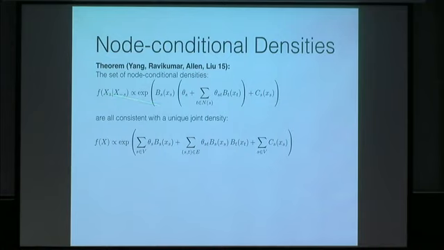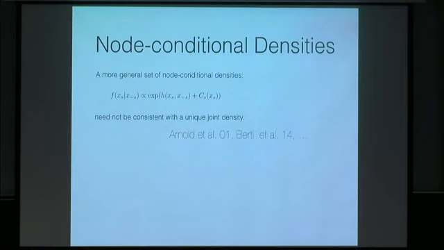Now, in general, just specifying conditional densities is dangerous. Even with two variables, if you independently specify x given y and y given x, these need not be consistent with any single joint density. They can be inconsistent with any possible joint distribution over x and y.